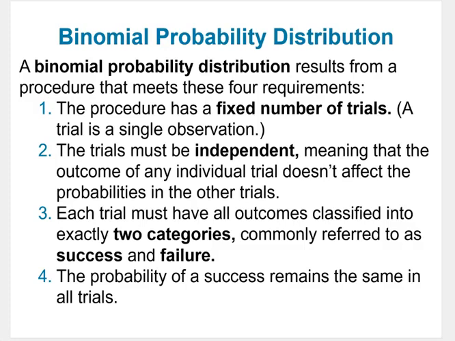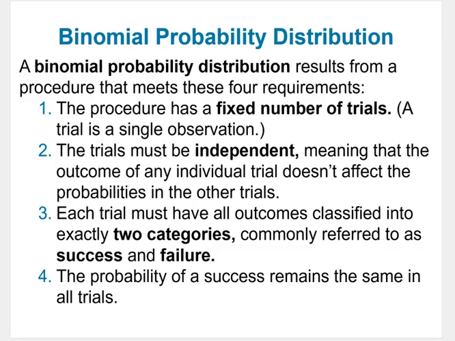Each trial must have all the outcomes classified into two categories. It's either considered a success or a failure. That's it. You can only have those two categories. Hence, they call it binomial, because there's only two things that could happen, success or failure. And the probability of a success remains the same in all the trials. It's not going to change from trial to trial.